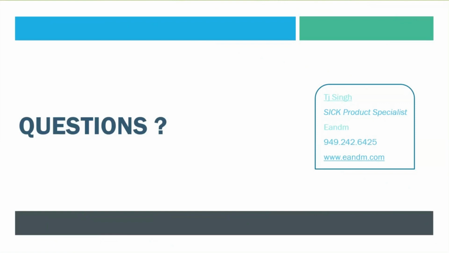Okay. And then the next one is, an IO-Link sensor also has a standard I/O functionality. Do we have to turn on IO-Link, and how do we do that? Yes. Normally each sensor will have that standard output too.